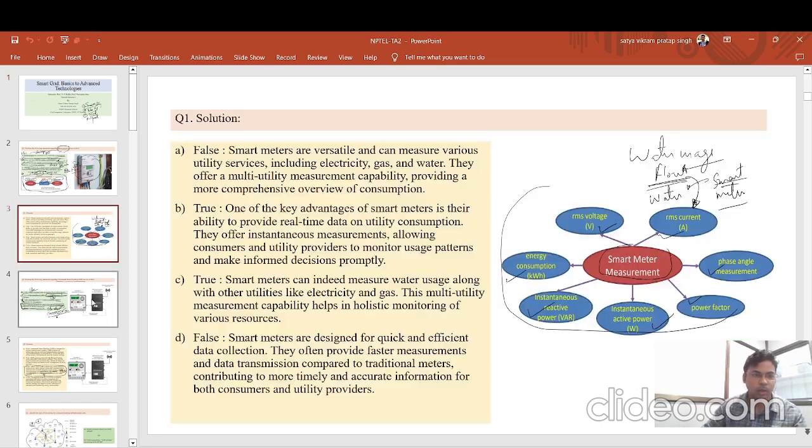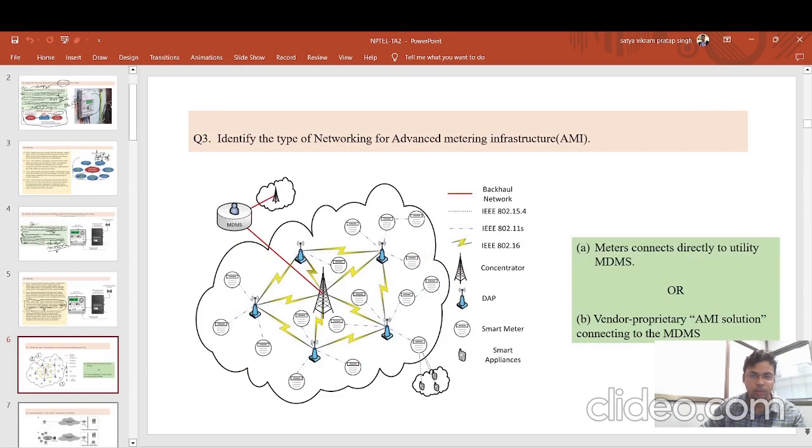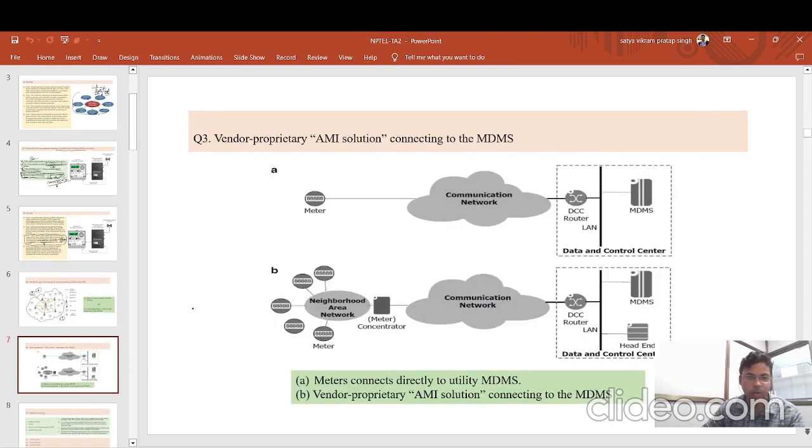Okay, let's go to that question part which I have explained right now. Coming to this question, I am explaining that this is the first kind of system, that is the meter directly connected to this MDMS through a communication network, with the DCC router in between.